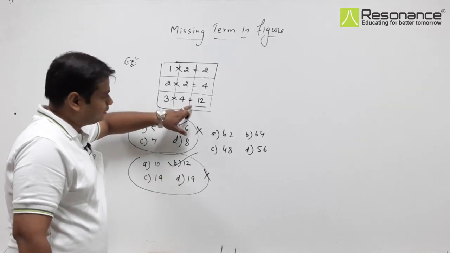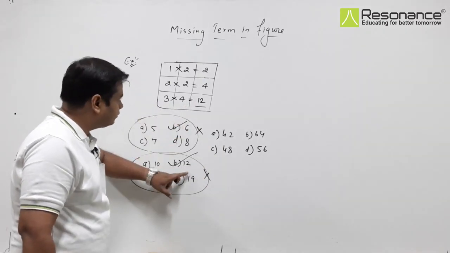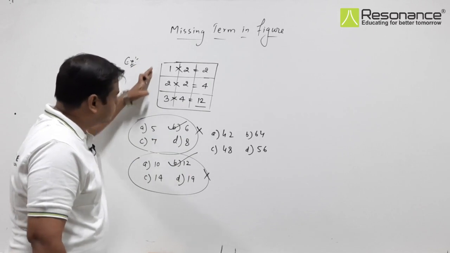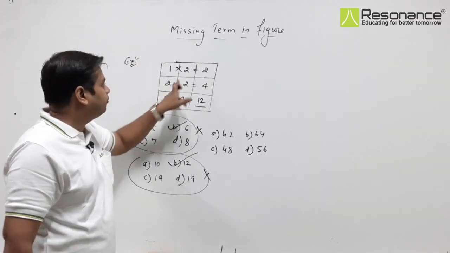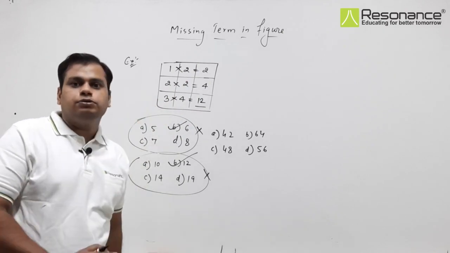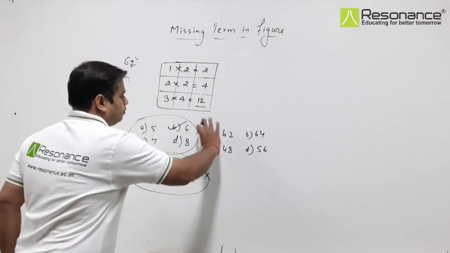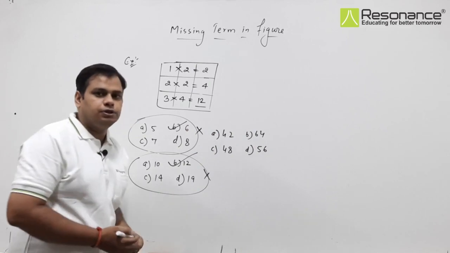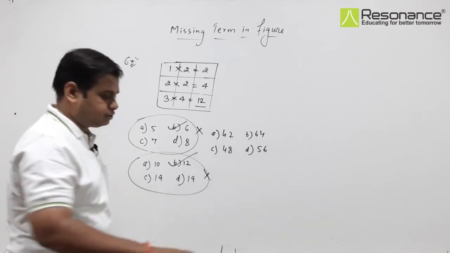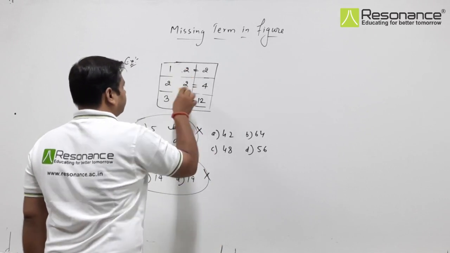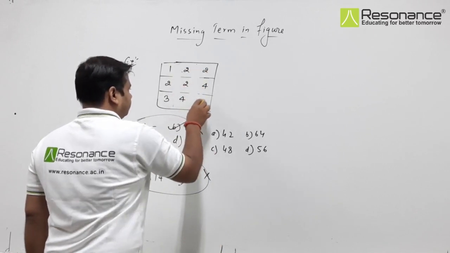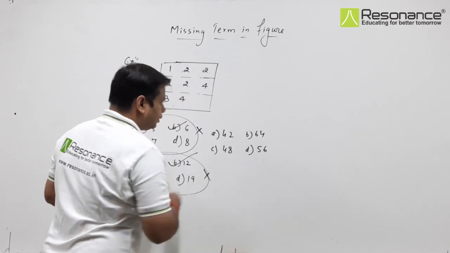Now 6 is not the answer, 12 is not the answer. That means the first and second logic we have understood, first column wise, second row wise, both are not applying for these options. So we have to think of another logic, a completely different logic, to find the answer according to the given options.